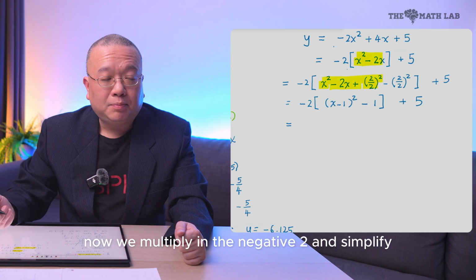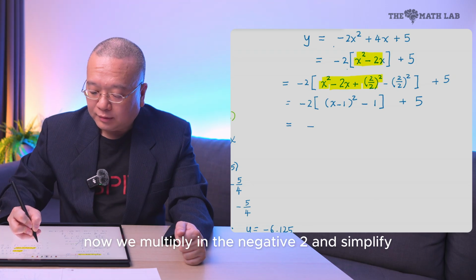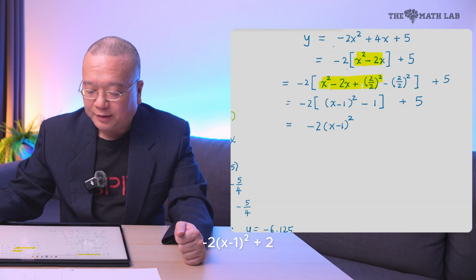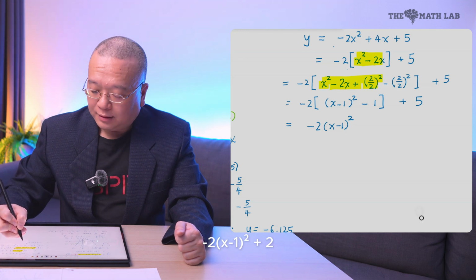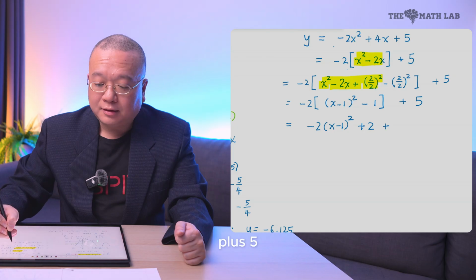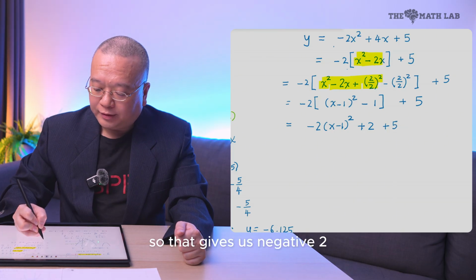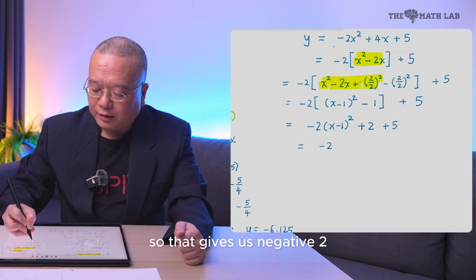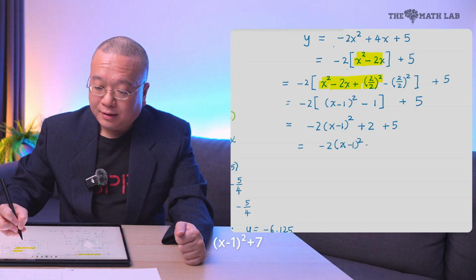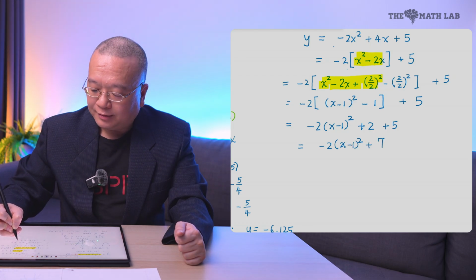Now we multiply in the negative 2 and simplify. Negative 2 times (x minus 1) squared plus 2 plus 5. So that gives us negative 2 (x minus 1) squared plus 7.